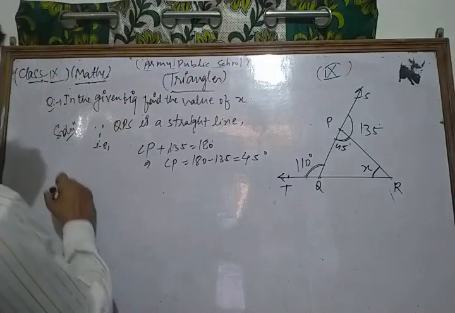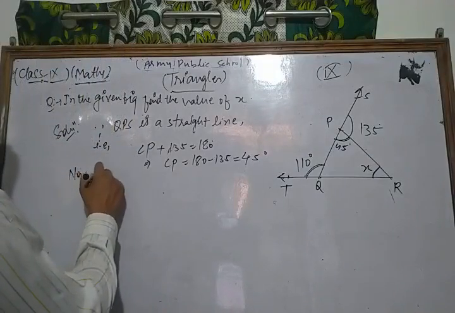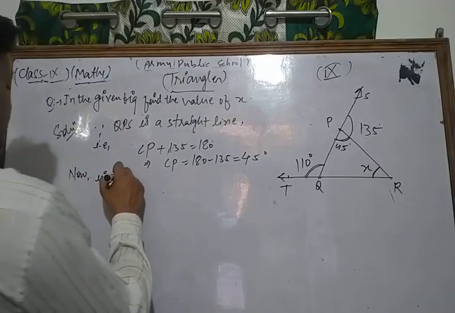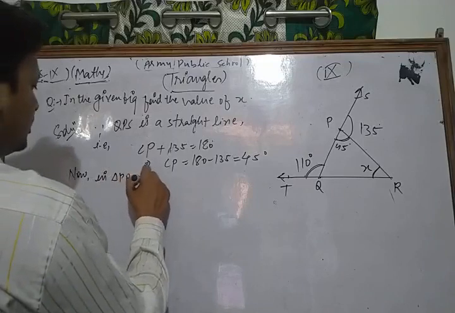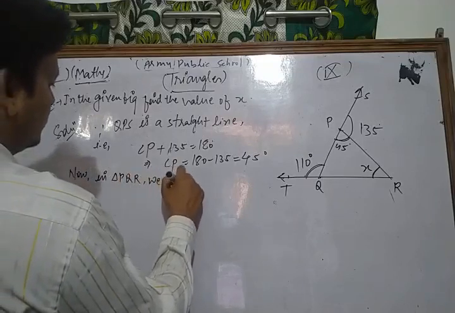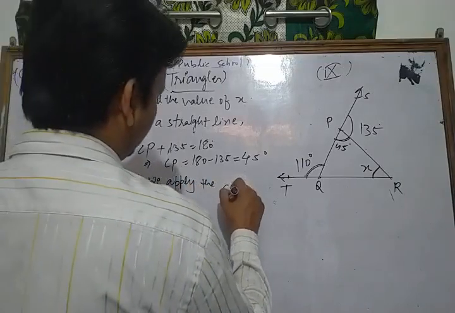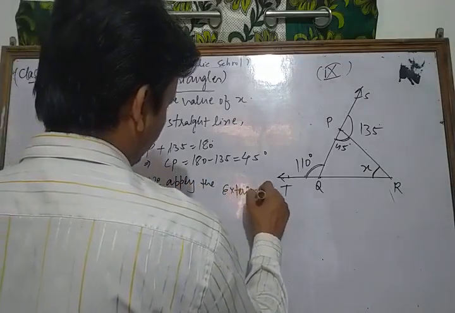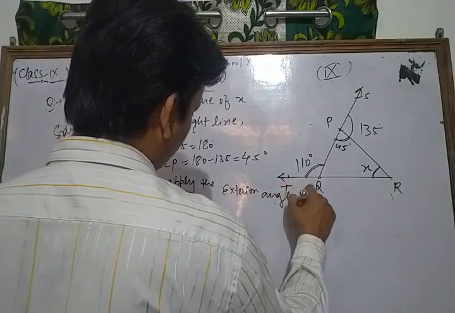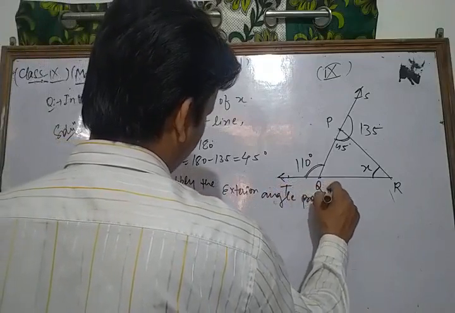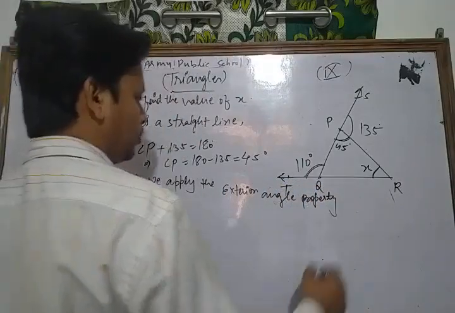Now in triangle PQR we apply the exterior angle property. What do we get?